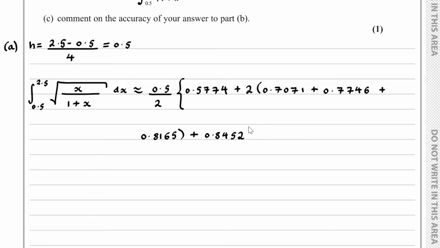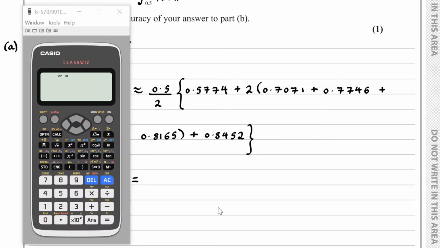And if we work all of this out, we have over here, using our calculator, 0.5 over 2 lots of 0.5774 plus 2 lots of 0.7071 plus 0.7746 plus 0.8165 plus 0.8452.